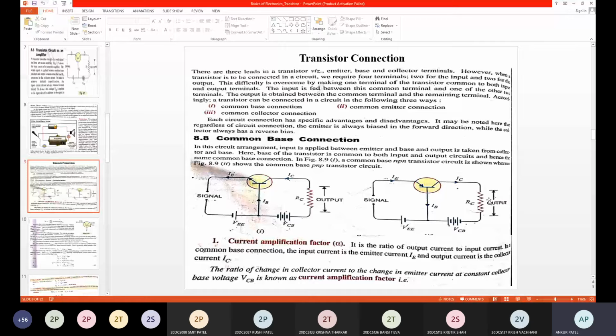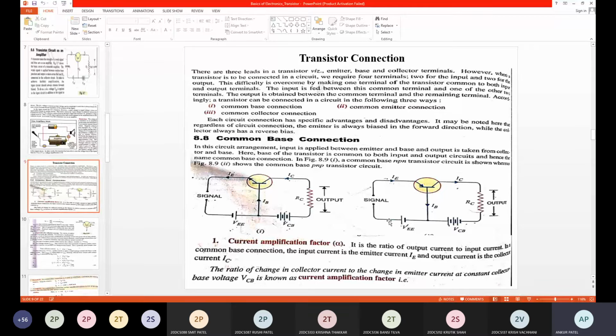On the left hand side, where the signal is applied, is your input circuit, and on the right hand side, where the RC load resistance is connected and we can measure the output, is your output circuit. So this IE, IB and IC we will find accordingly.